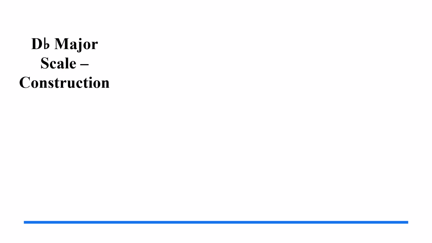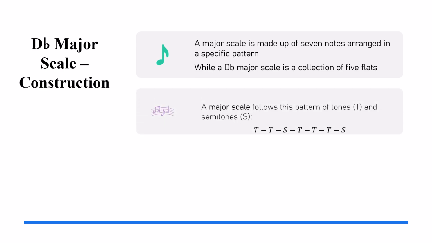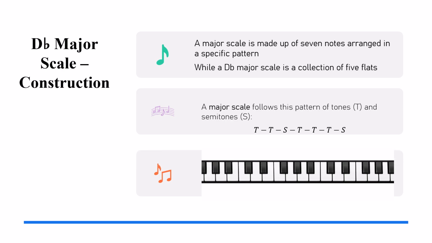Last class I told you that a major scale is built up of 7 notes arranged in a specific pattern. D flat major is a major scale and it is also arranged according to that pattern, which is tone, tone, semitone, tone, tone, tone, semitone.